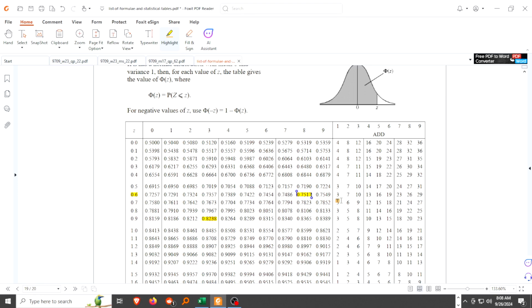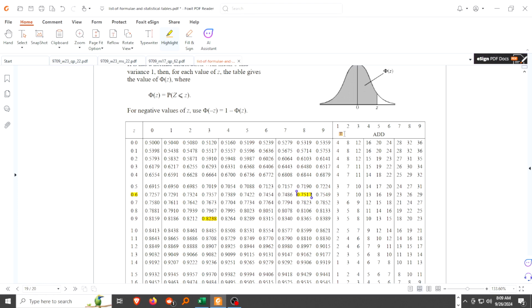So we have 0.520. Now 0.6818 we can round off to 0.682.